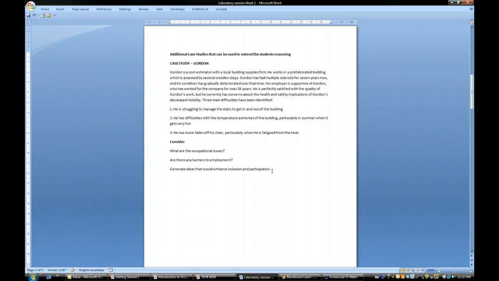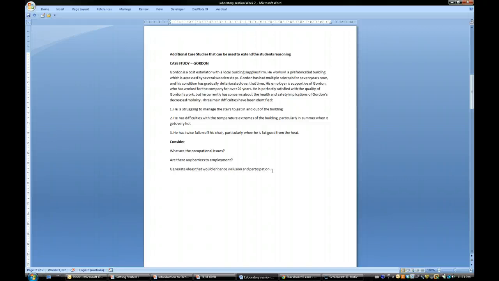For example, Gordon, who works as an estimator, has multiple sclerosis, which has been deteriorating over time. He has an employer who's sympathetic, but they've identified some risks for Gordon staying in his job.